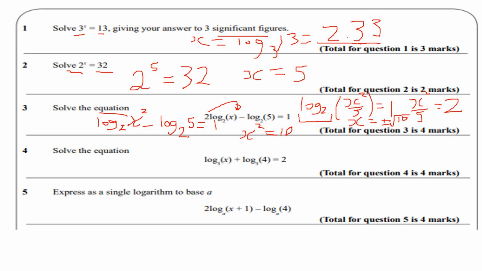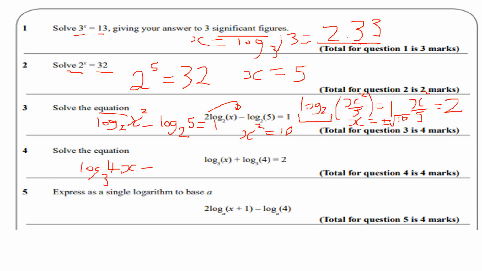Okay, so the same base. I'm going to use the product rule for the logarithms. If I add, with the same base, then I'm going to multiply. X times 4 goes to 4x. So I'm going to have log to the base 3 of 4x.